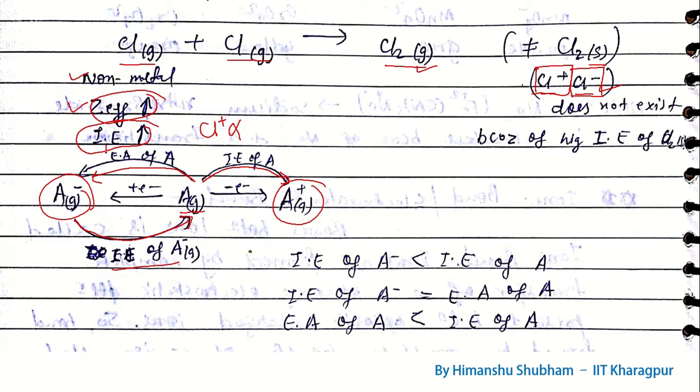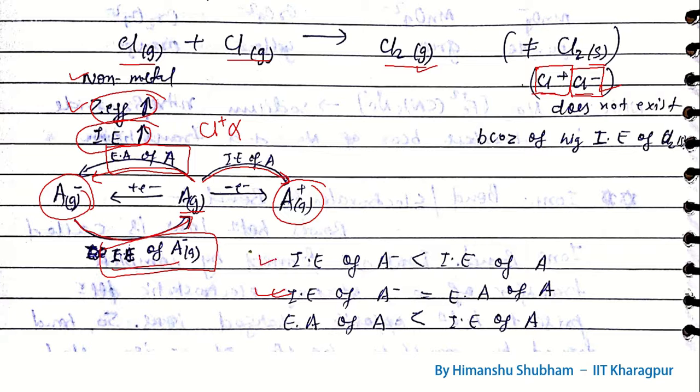By conservation of energy, we say that EA of A would be equal to IE of A minus, which is written here. Now we know that it would be easier to remove an electron from A minus gas to form a neutral atom A gas, while it would be difficult to remove an electron from A gas to form A plus gas.